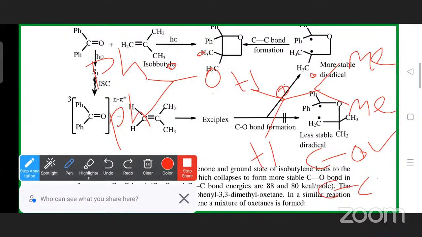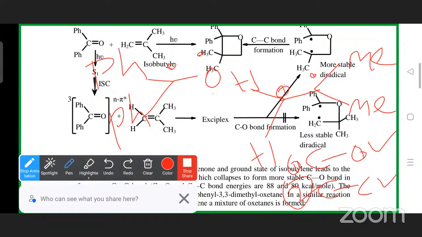This is one, this is two. First the CO bond formation takes place, later the CC bond formation. And which side of the olefin forms the CO bond, that is important here.